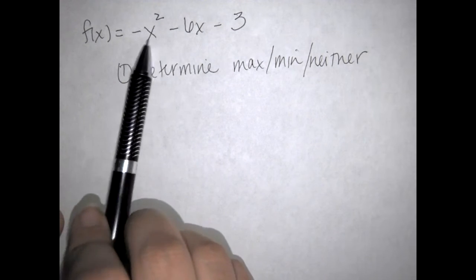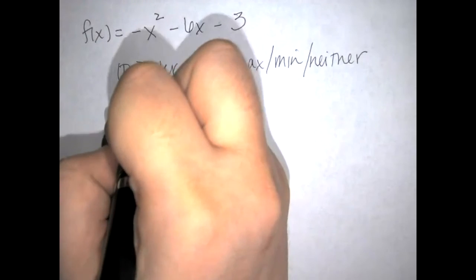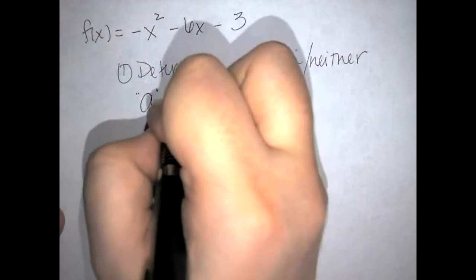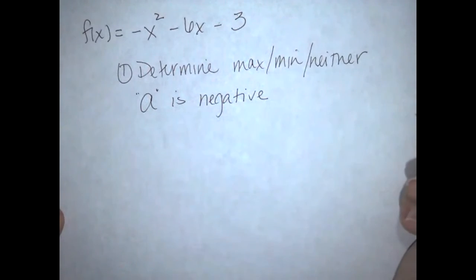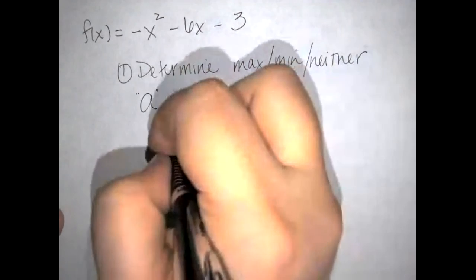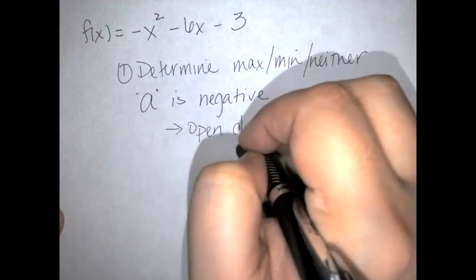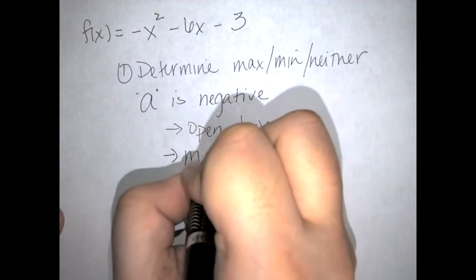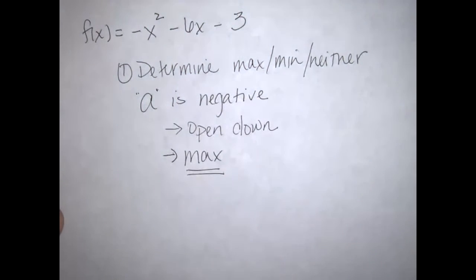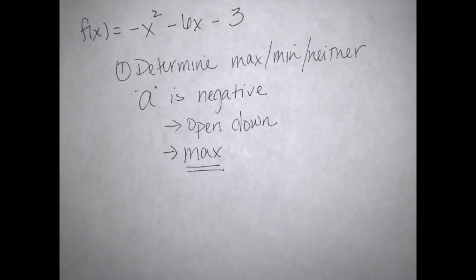Well, this is. And then you need to look at the sign of the a term. So here, my a is negative. Therefore, this is going to open down, which means I have a max. That was the answer we're looking for, a max.